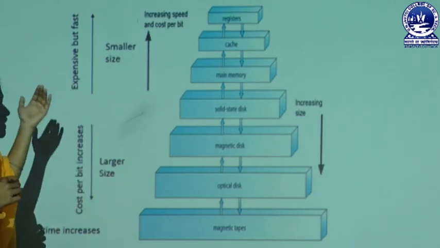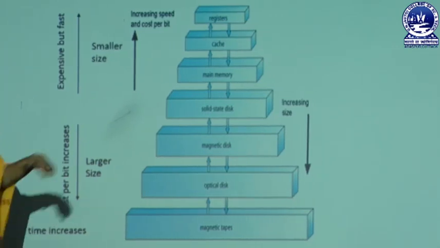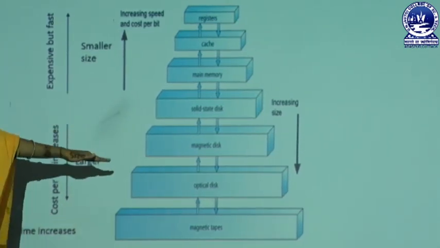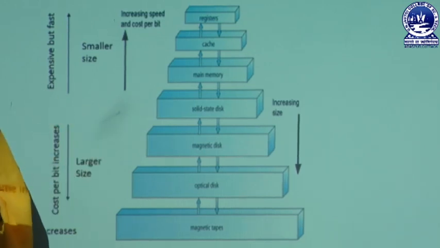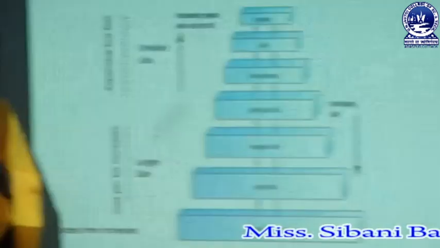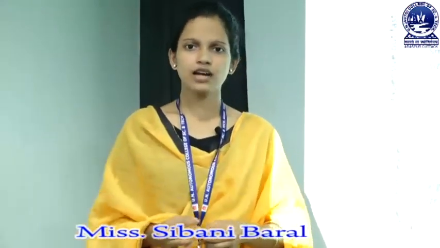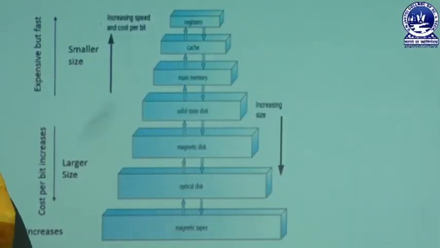For that purpose, we have our secondary memory devices. Here electronic disk, optical disk, magnetic tapes, magnetic disk, these are our secondary storage devices. As the size of the main memory is limited, is too small, we need secondary storage devices. You cannot store all your data and programs into that main memory.